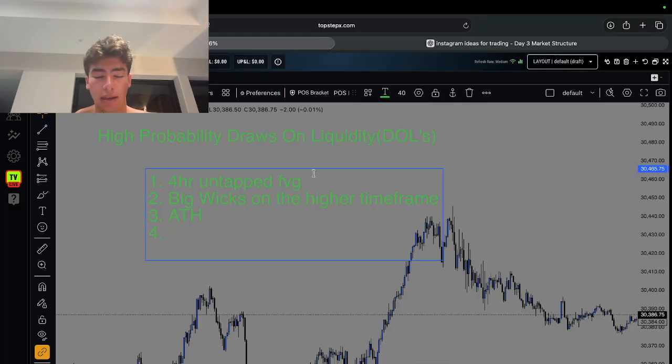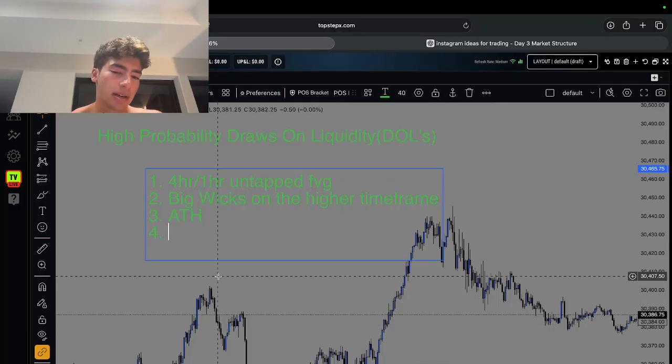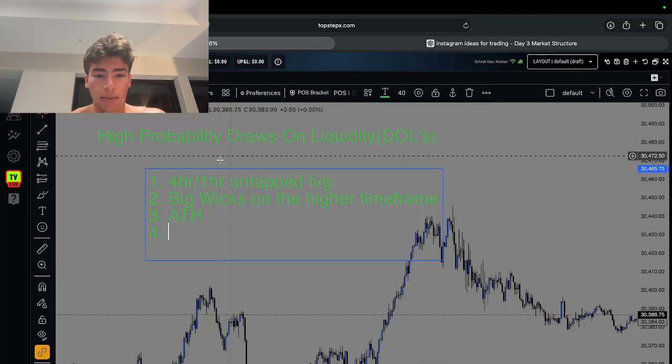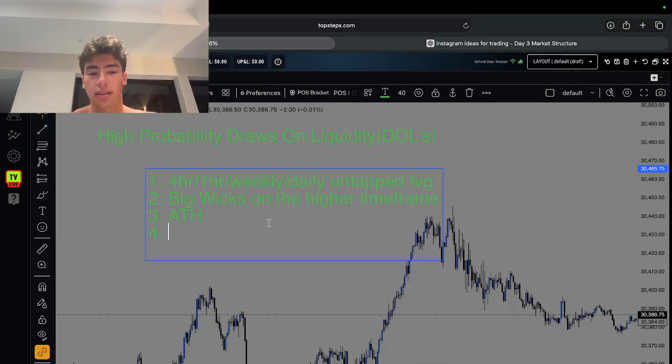What else do I like? 4-hour and 1 hour untapped fair value gaps, big wicks on the higher time frame, all-time highs, weekly gaps, daily gaps, and new week opening gap / new day opening gap.